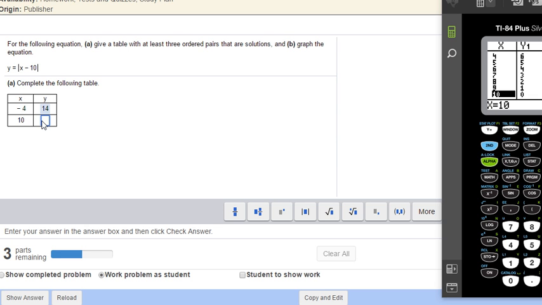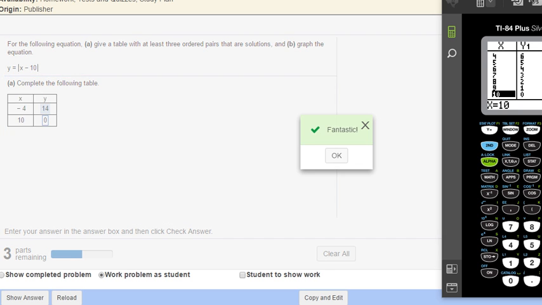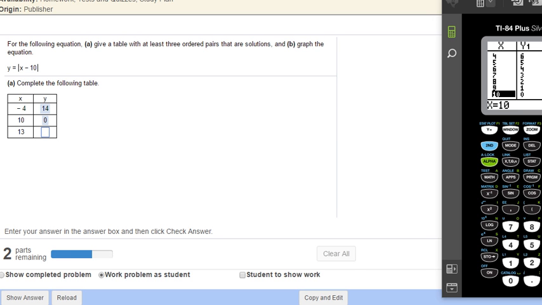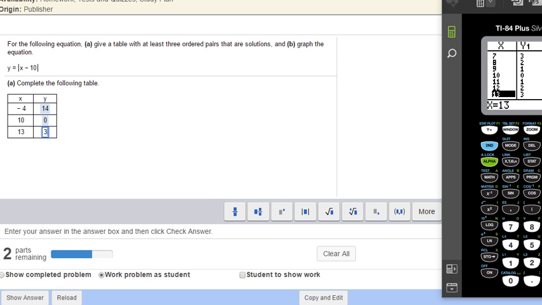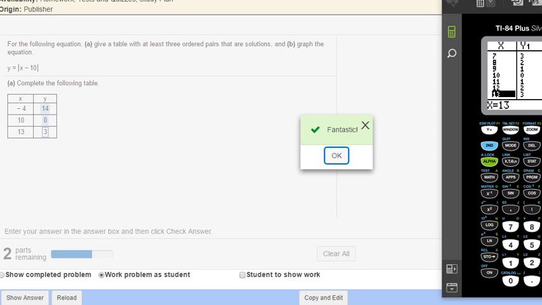Well, hey, that's a y-intercept or an x-intercept, isn't it? All right, I check it. Tells me good job. Now it wants 13, so I arrow down a little bit further. It tells me 3. So I type in 3, check it, tells me good job.